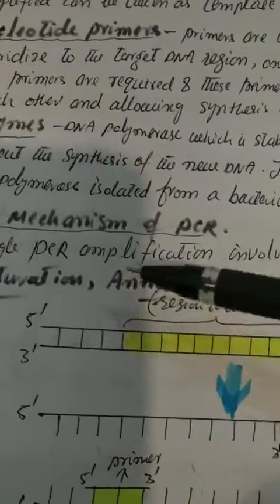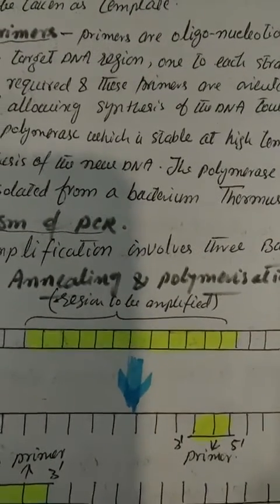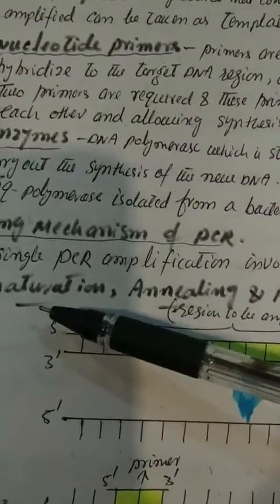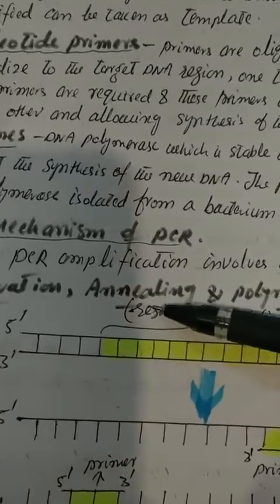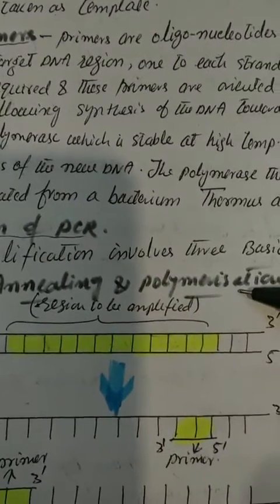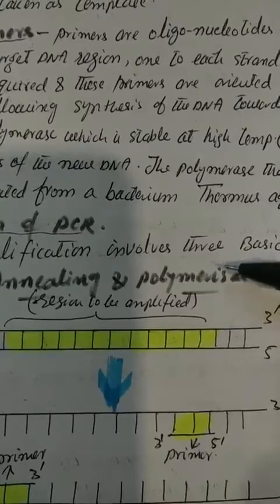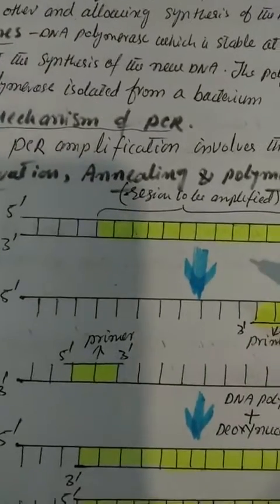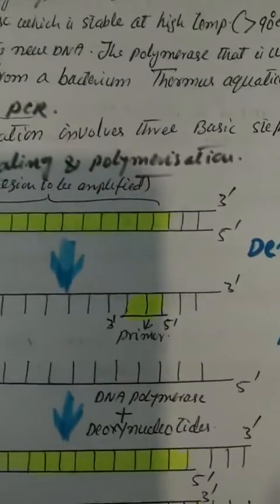Now, the working mechanism of PCR. A single PCR amplification involves three basic steps, that is denaturation, annealing, and polymerization. Polymerization is also called extension. You can see this shown in the sketch, the steps of denaturation.